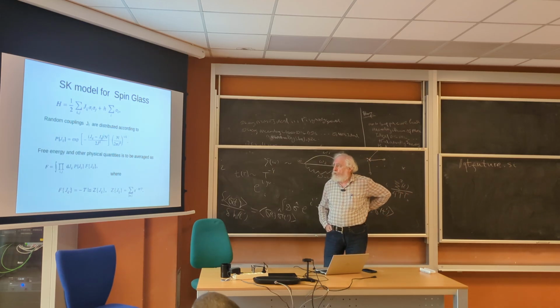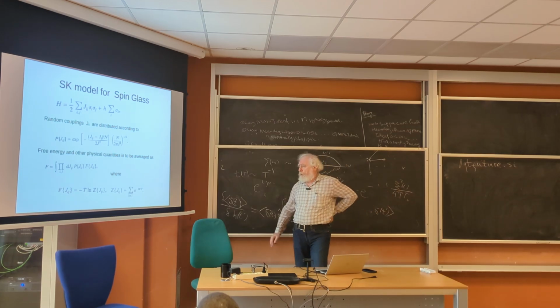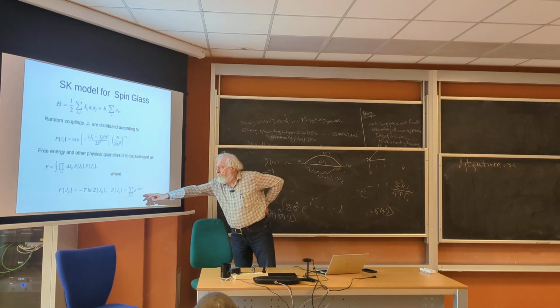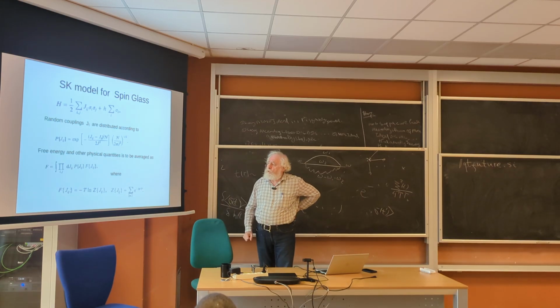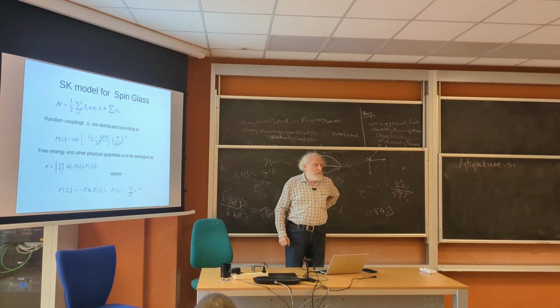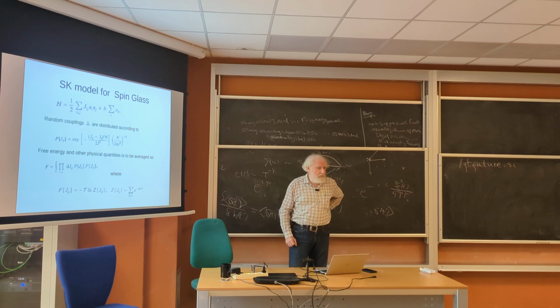Now, the partition function is explicitly a sum over all configurations of sigma, as shown here. But we need to average the free energy, which is a logarithm of the partition function.